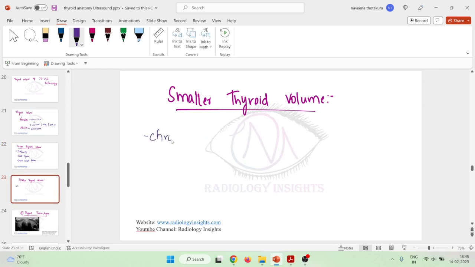Thyroid gland volume is smaller in chronic hepatitis. It is also smaller in conditions where the patient is treated with thyroxine or radioactive iodine. So these are the important points about the thyroid volume. Thank you.